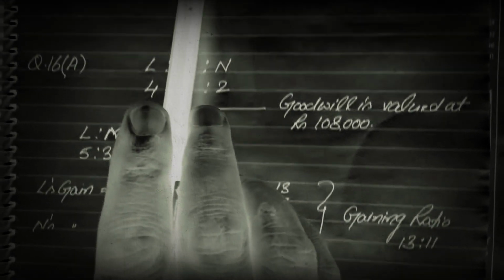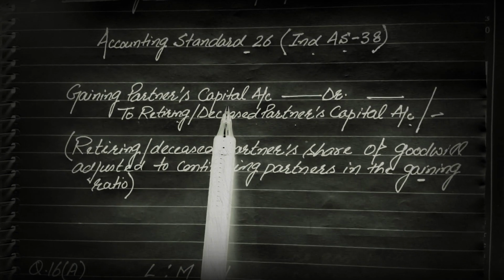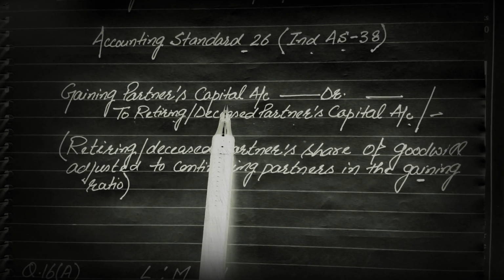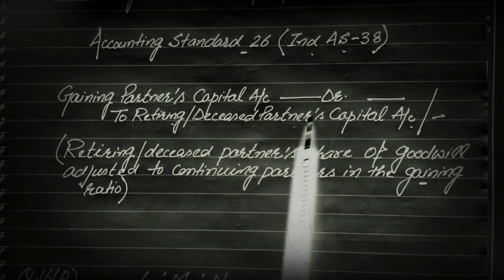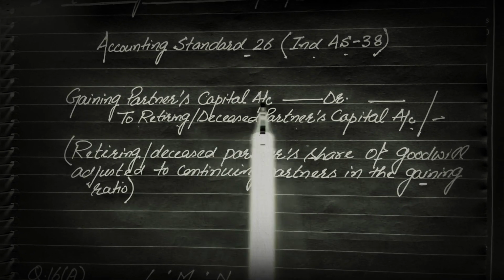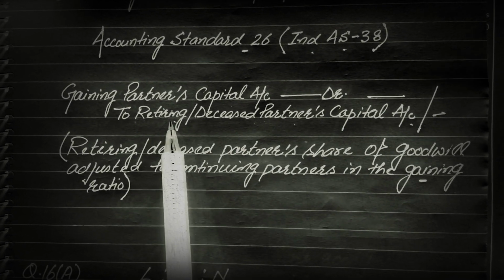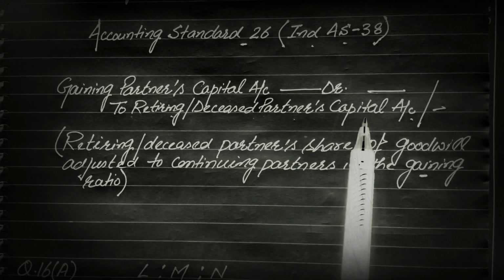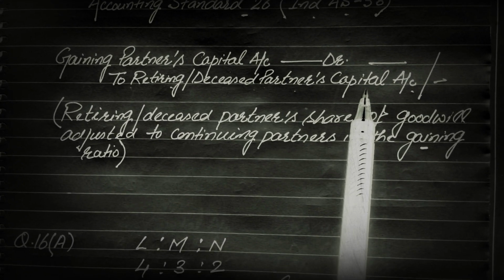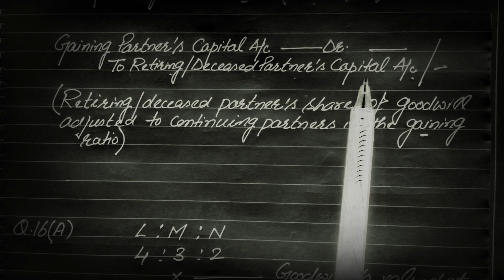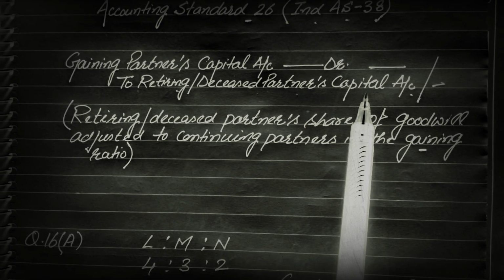We know that at the time of retirement or death, the treatment of goodwill is given by passing only this journal entry, that is gaining partner's capital account debit to retiring or deceased partner's capital account. For this journal entry we require the gaining ratio among the remaining partners.